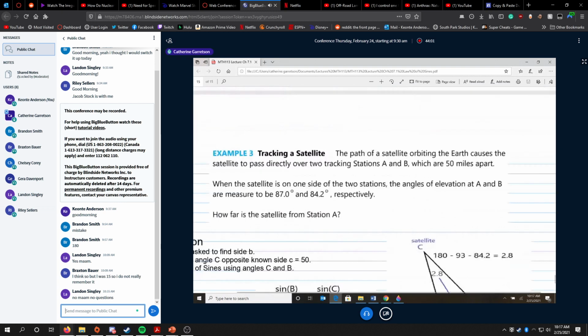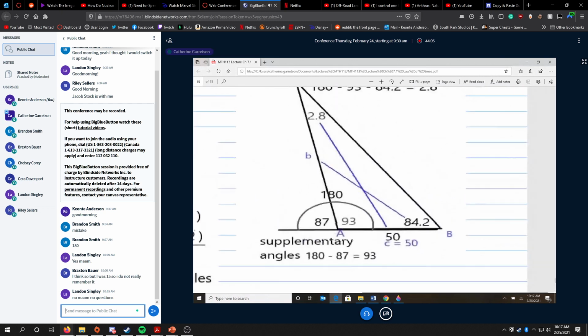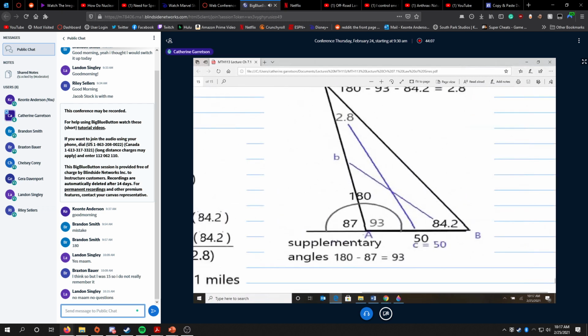So let's do it. The first thing I would do is find all my angles. I know this angle was given, and this angle was given, but these two form supplementary angles that are 180. So I'm going to say 180 minus 87.